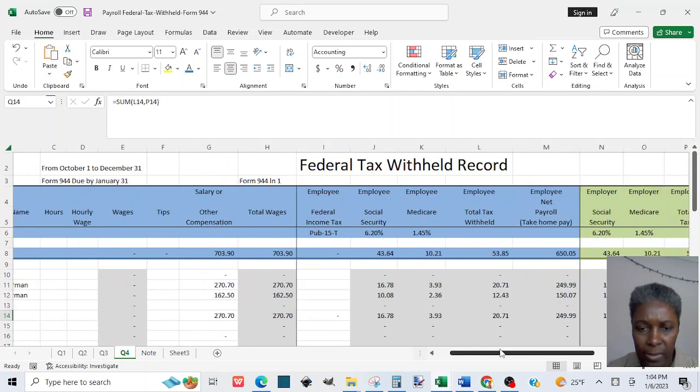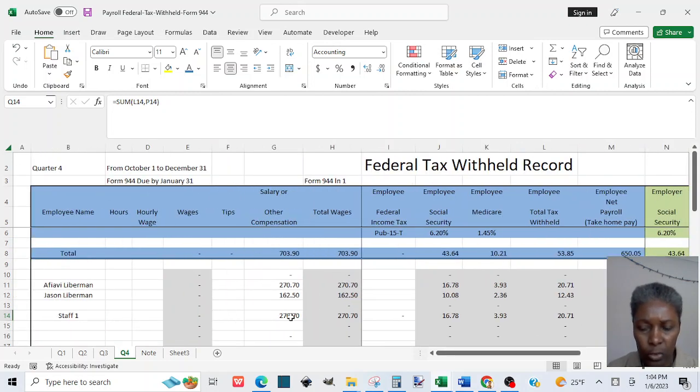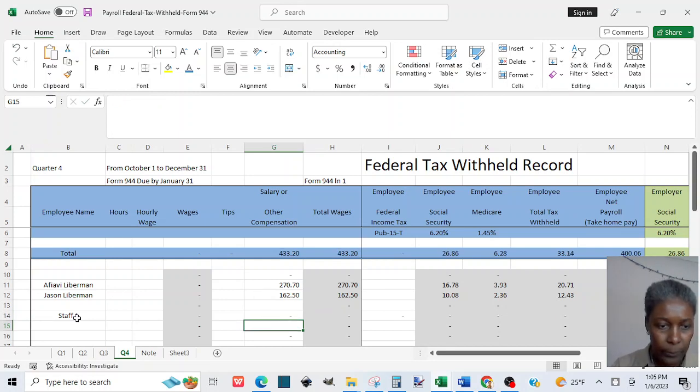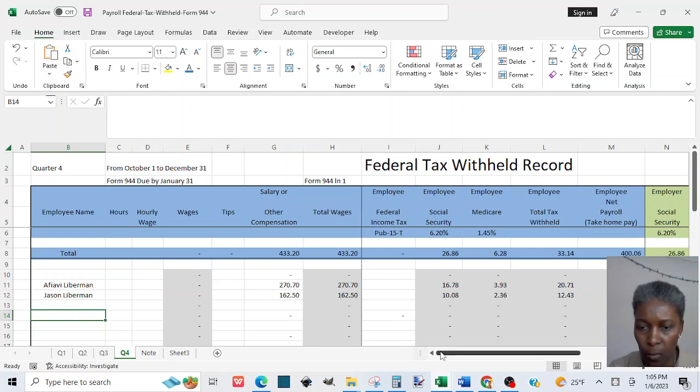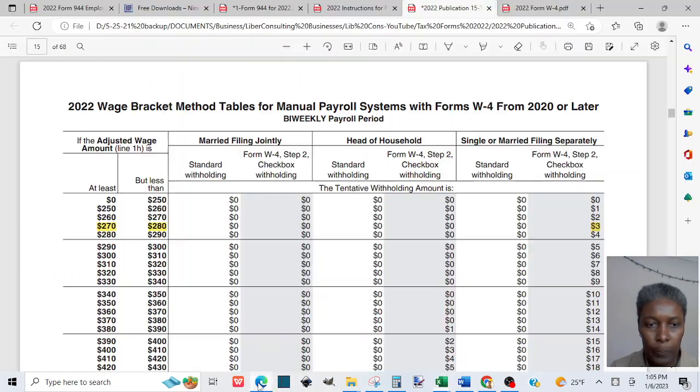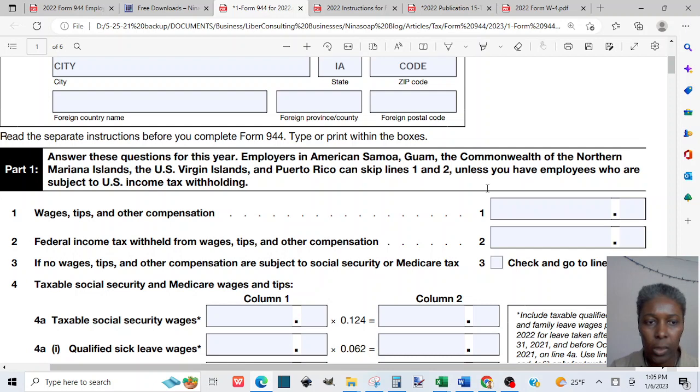So now let's take this information out of our spreadsheet and let's go back to our work. Since we have two people on the form already, we can work with that. So now that you understand how you can use a spreadsheet to track your payroll, let's go back to our Form 944, line 1.